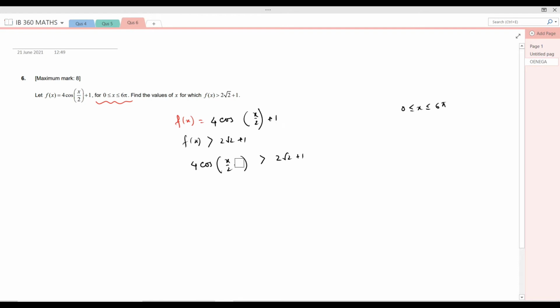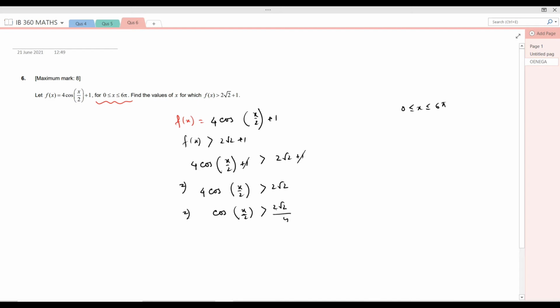So from the two sides I can cancel out this 1. So 4 cos x by 2 is greater than 2 root 2. So I am getting cos x by 2 is greater than 2 root 2 by 4.